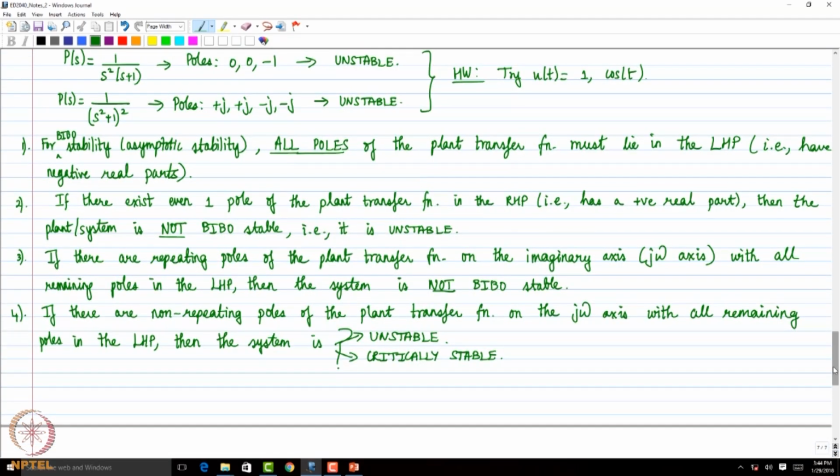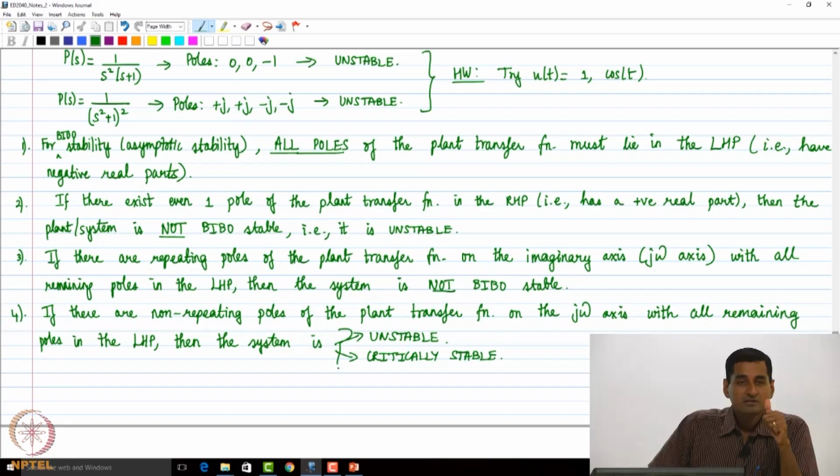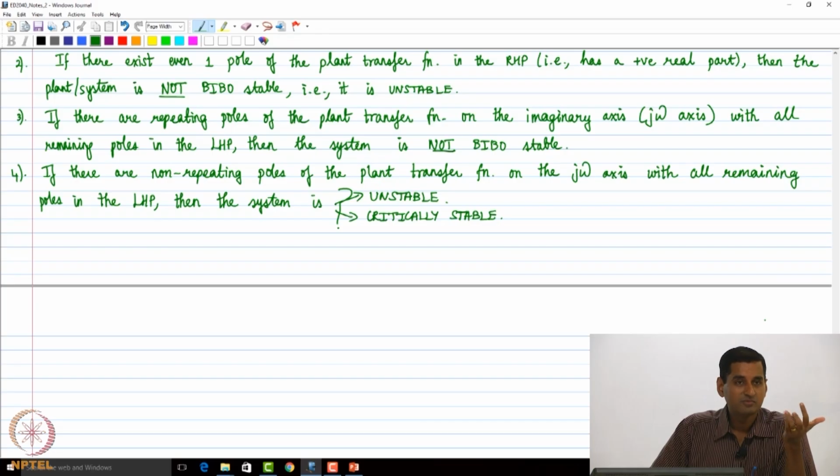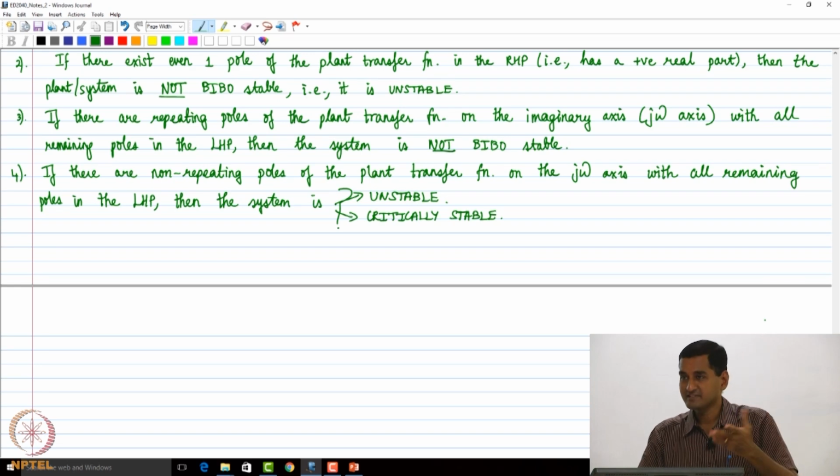Critically stable and marginally stable are equivalent terms that are used. Those are two perspectives of how to interpret system stability when you have non-repeating poles on the imaginary axis, including the origin. The origin is also on the imaginary axis.